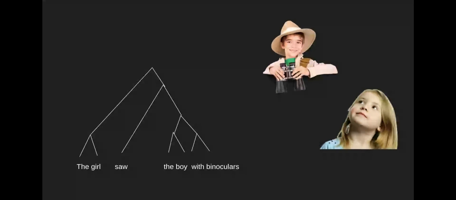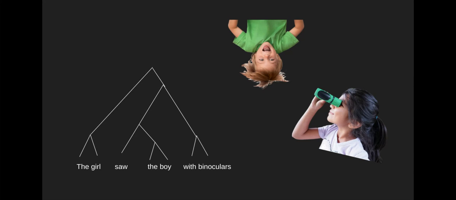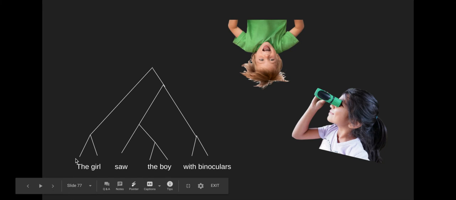But we can look at a tree for the other way of merging these words together. In this case, this corresponds to the first way we did things. So first we put together the girl as a chunk. Then we put together with binoculars as a chunk and the boy as a chunk. And then we put saw as a chunk along with the boy and put the girl as a chunk along with saw the boy.